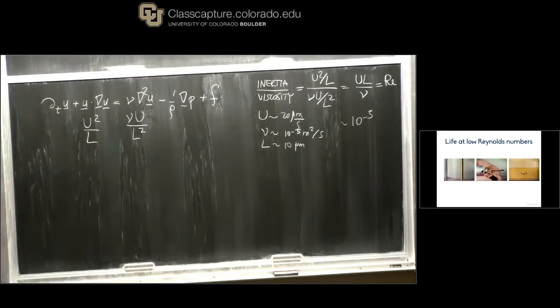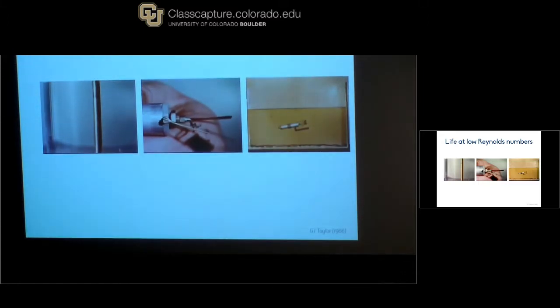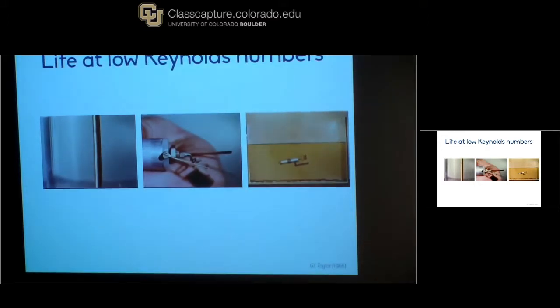Okay, so why I was saying that things are not very intuitive physically at low Reynolds number is because there is no acceleration. So things move as long as you push them, and the moment you stop pushing them, they are not going to move anymore, including fluids.